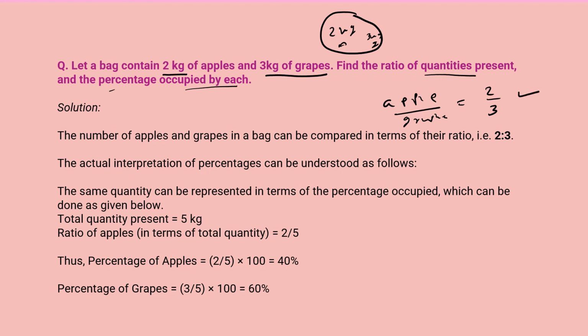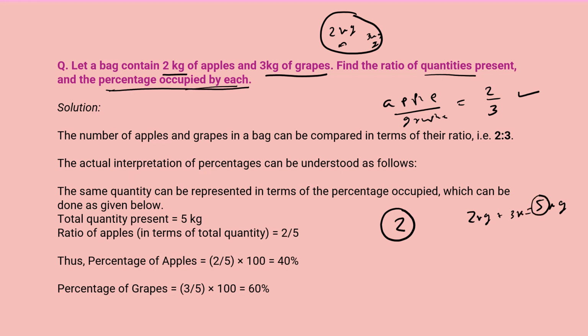This is the ratio. Now we have to calculate the percentage occupied by each. So what is the percentage occupied by apple? To calculate it, in total there are 5 kgs. How are we getting this 5 kg? There is 2 kg of apples and 3 kg of grapes, so in total there are 5 kgs.